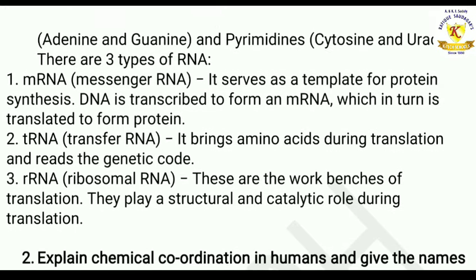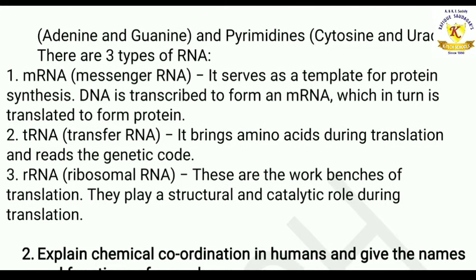There are 3 types of RNA: mRNA, that is messenger RNA. It serves as a template for protein synthesis. DNA is transcribed to form an mRNA, which in turn is translated to form protein. Second, tRNA, that is transfer RNA.